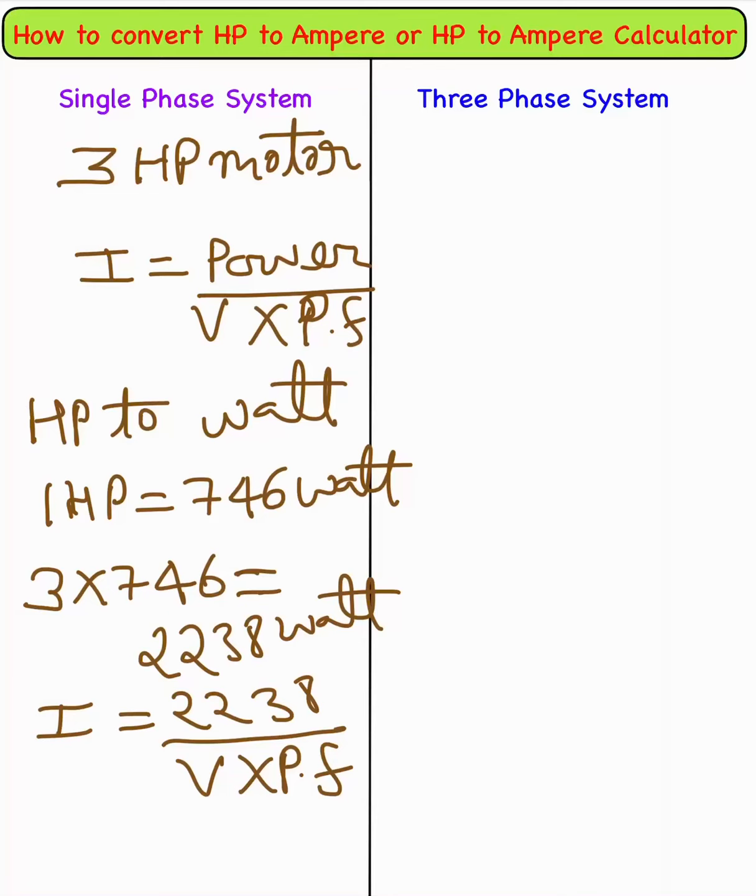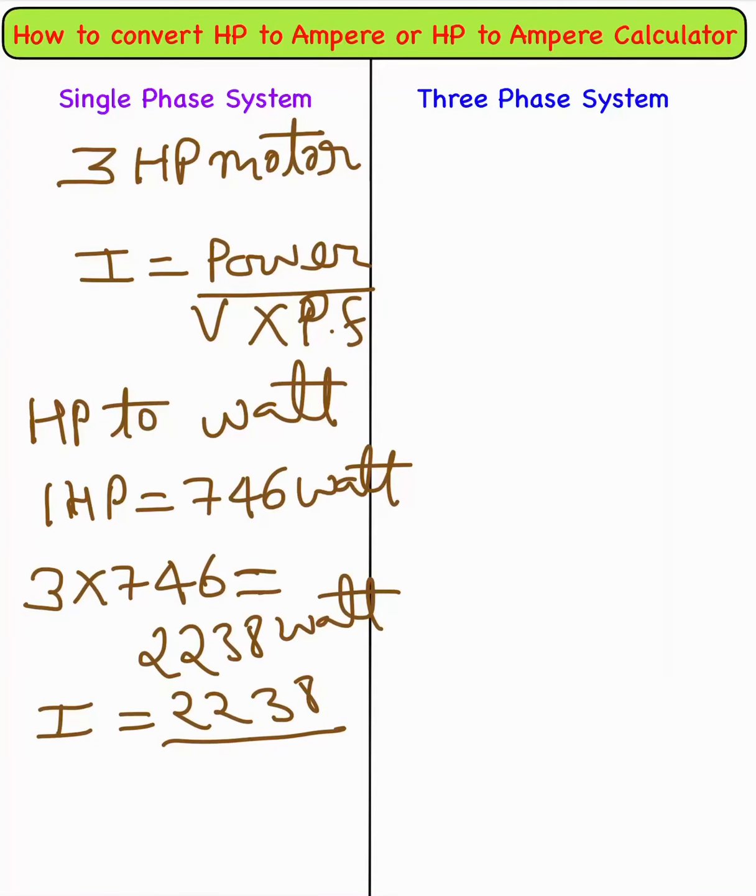Most probably the power factor is taken as 0.82, 0.85 or 0.95. Here the power factor is 0.8, and we suppose the voltage is 230 volt. So we have to calculate the current value.